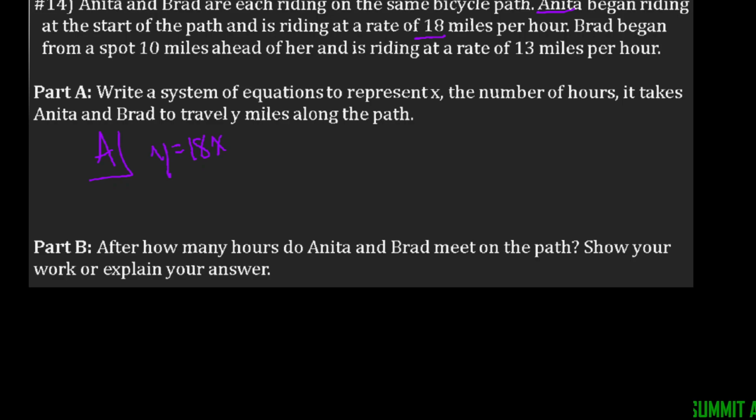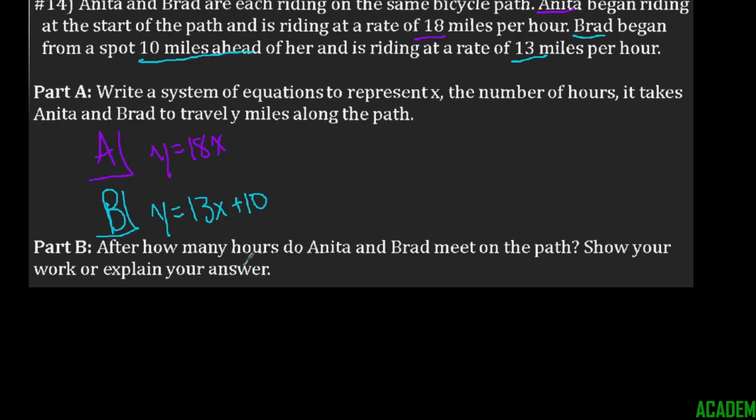And then for Brad, let's do blue for Brad. We're going to say Brad began 10 miles ahead, and it's going to be at a rate of 13 miles per hour. So same setup, but we're going to now say it's going to be 13x plus 10, because we have to say that his speed was 13 and then he started 10 miles ahead. So that's just going to be part A, just setting up those two equations.